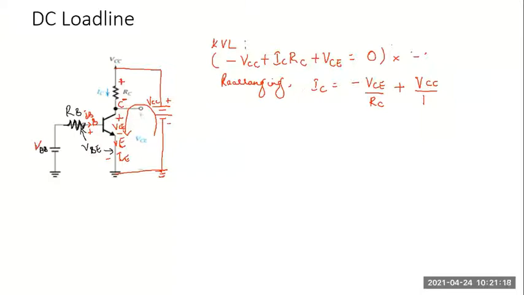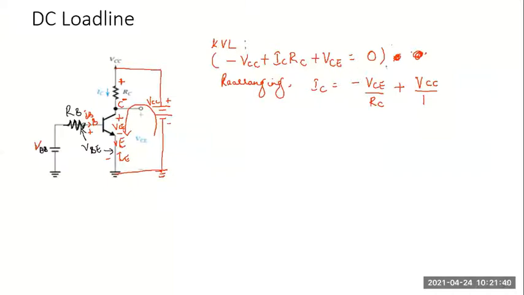Okay. So here, what will happen when I keep IC on this side? This is the actual equation of the KVL. Let's remove this. We need not multiply and all that. So negative to positive is minus VCC. Positive to negative is plus ICRC.